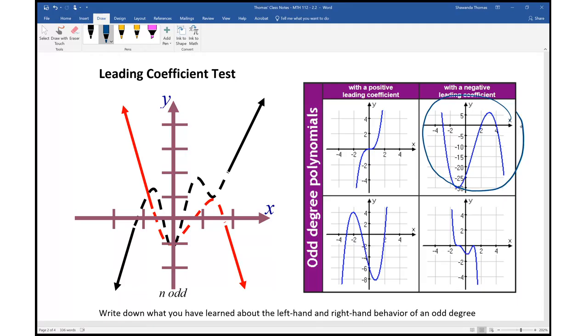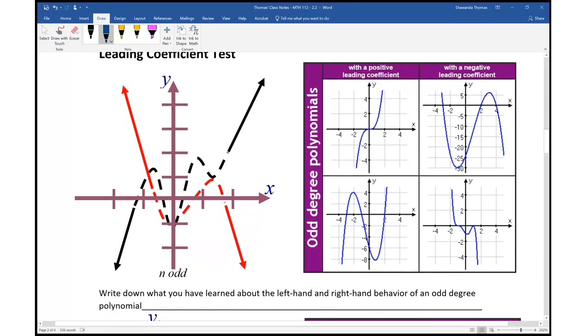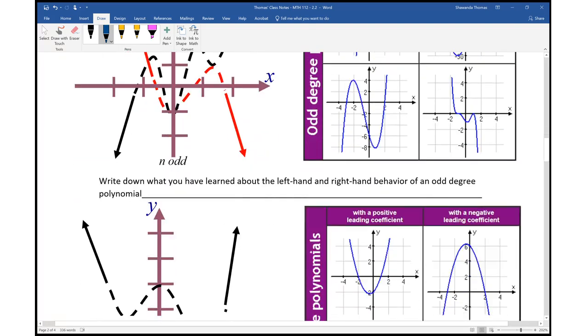So it flipped, or there was a reflection. So these dashed lines in the middle indicate that we don't know exactly what's going on on the inside of the graph, but we do know the end behavior by determining the degree and the leading coefficient.